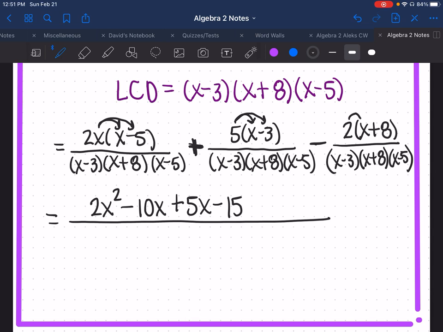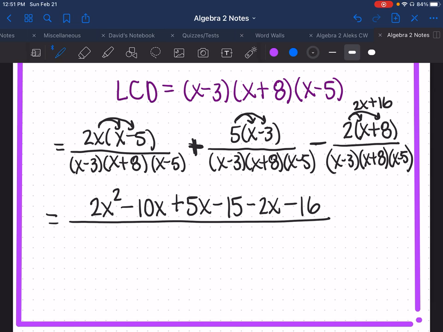Let's go ahead and distribute first. And then we have to remember to distribute the minus. So minus 2x minus 16.